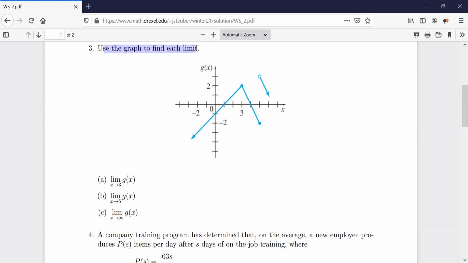Use the graph to find each of the following limits. So g of x as x approaches 3. As x approaches 3, I come from the left side and it's approaching 2, and I come from the right side and it's approaching 2. So that tells me the limit is going to be equal to 2.